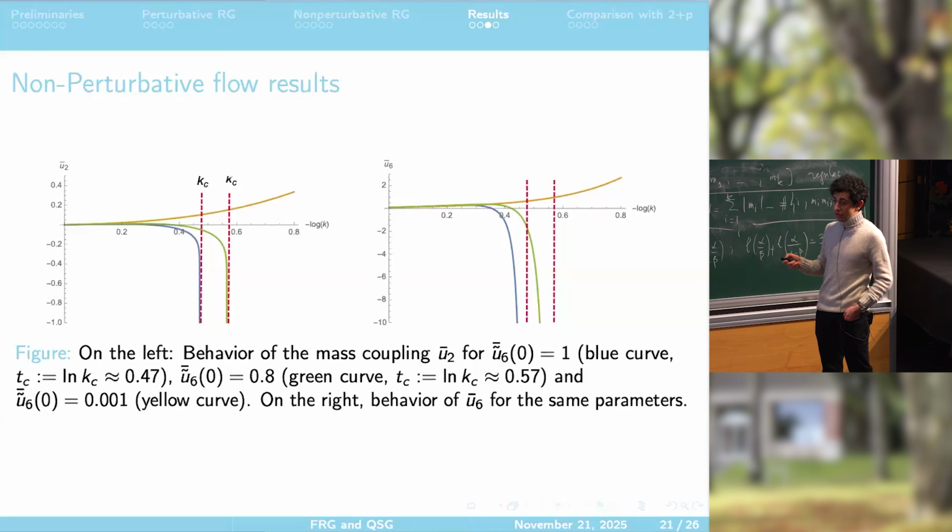So it shows that the singularities that we had before were not an artifact of the perturbative approximation that we used before.